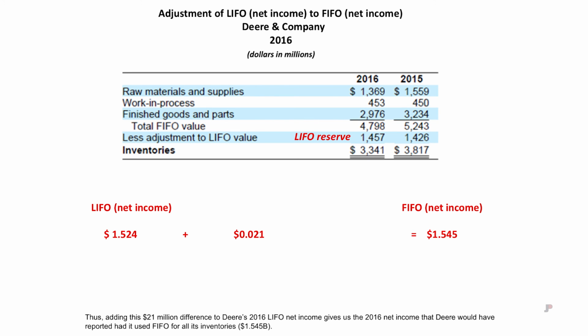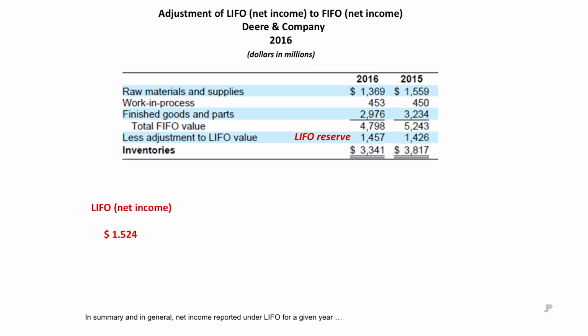Thus, adding the $21 million difference to Deere's 2016 LIFO net income gives us a 2016 net income that Deere would have reported had it used FIFO for all of its inventories, $1.545 billion.